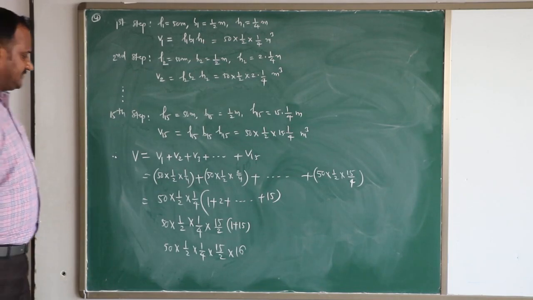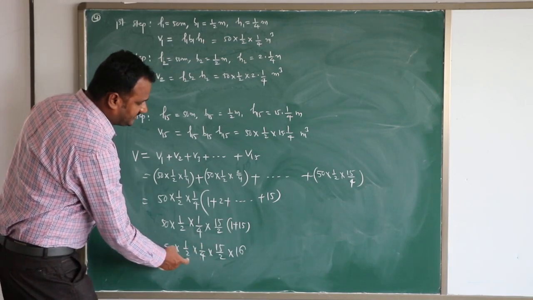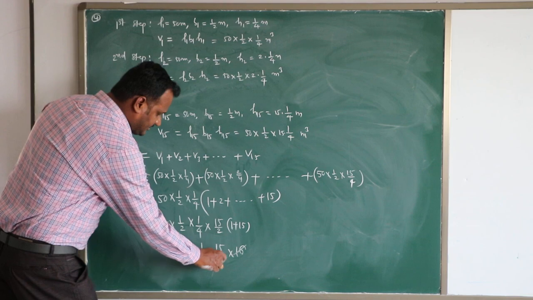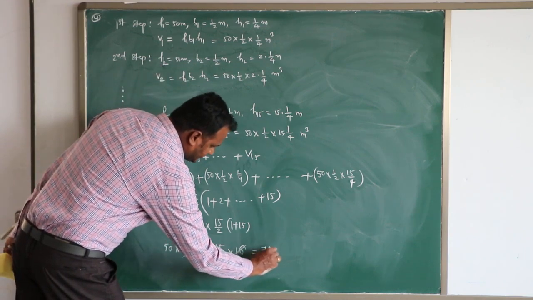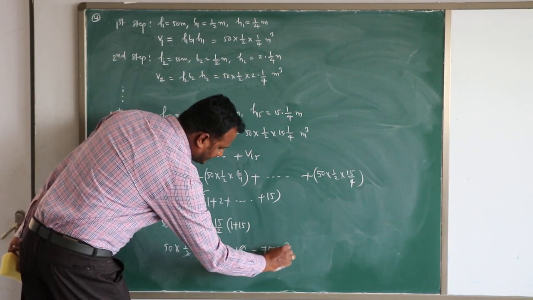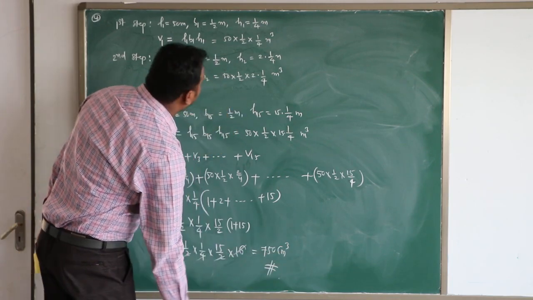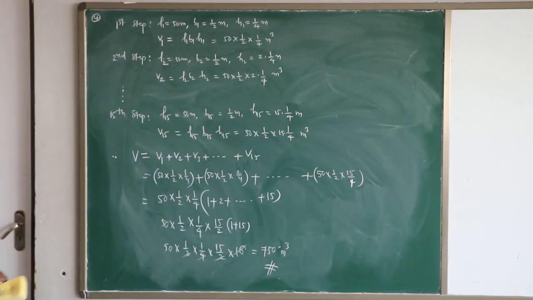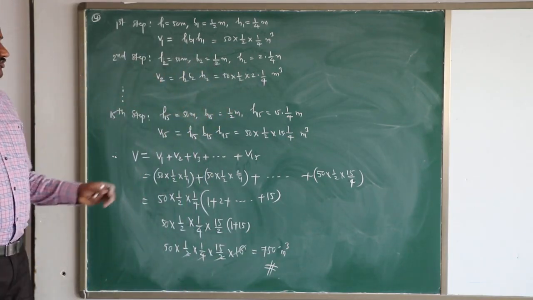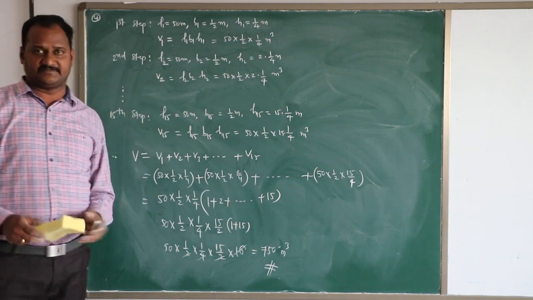If you observe the denominators, 2 times 4 is equal to 8, times 2 is equal to 16. So 16 gets cancelled. 15 5s are 75, so 750 meter cube. That is the volume of concrete required to build these terraces.